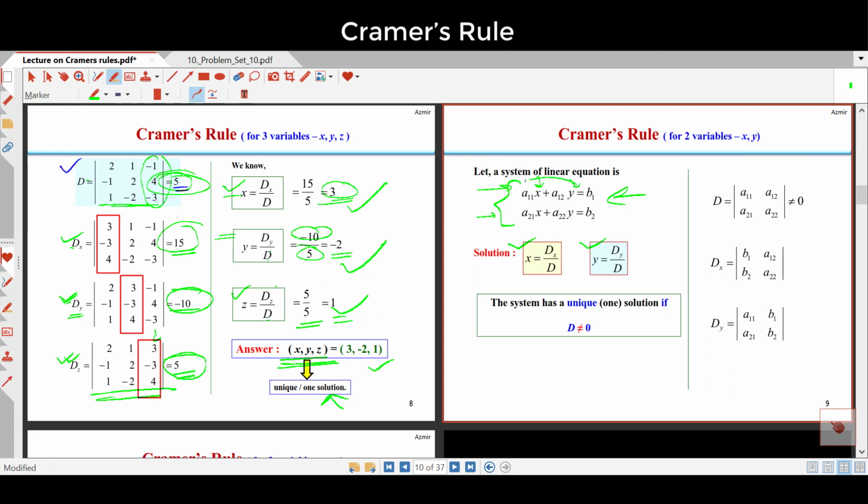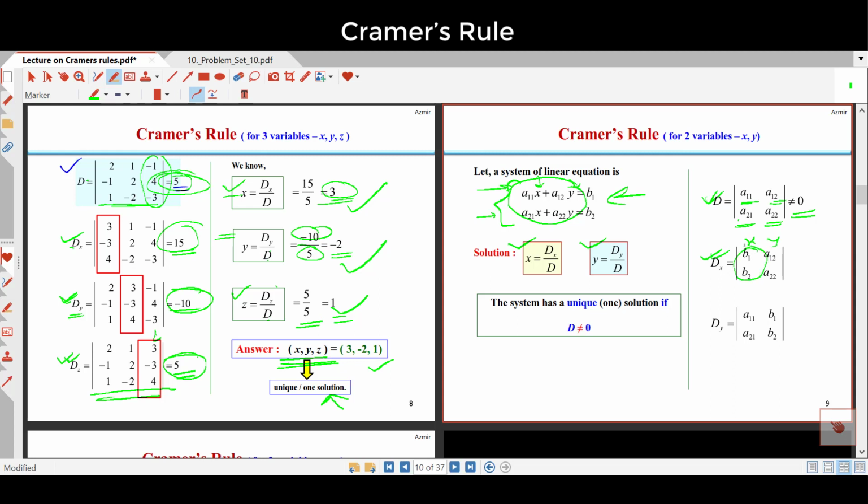So here the left side coefficient matrix will be a11, a12, a21, a22. The determinant of this matrix should be non-zero, then only Cramer's rule will be applied. Now x equals d sub x divided by d. Whenever you are finding d sub x, remember the first column is for x, second column is for y.